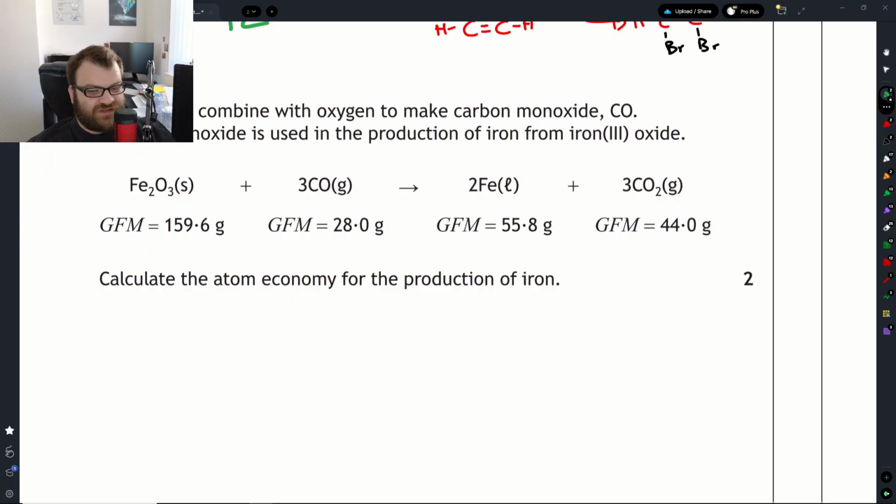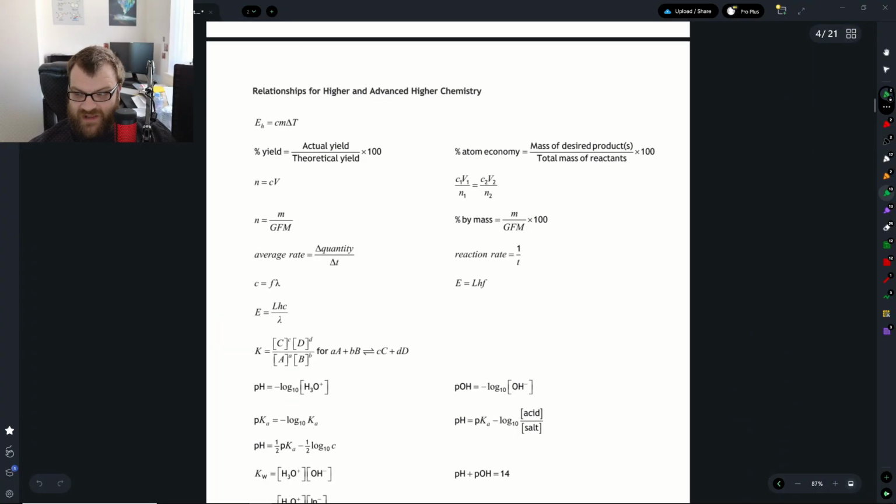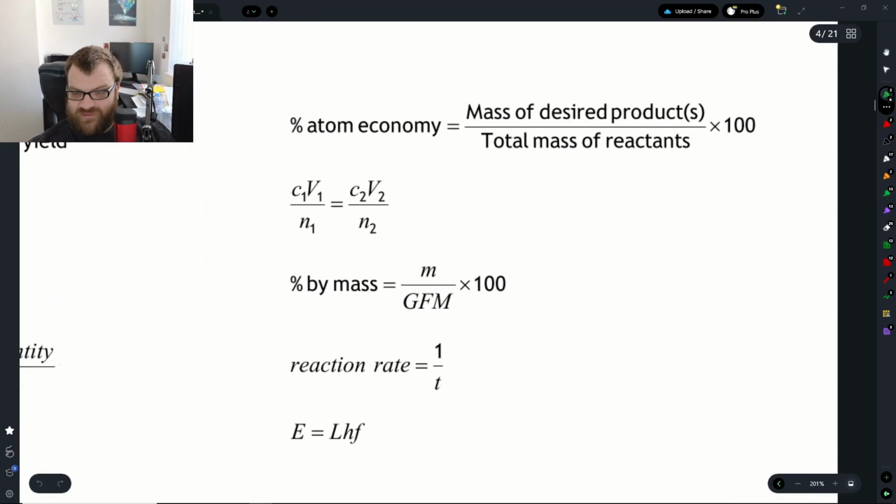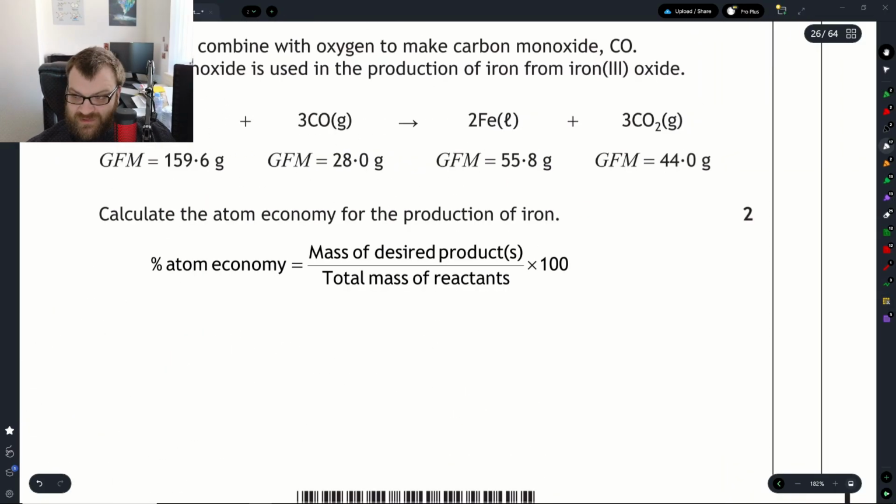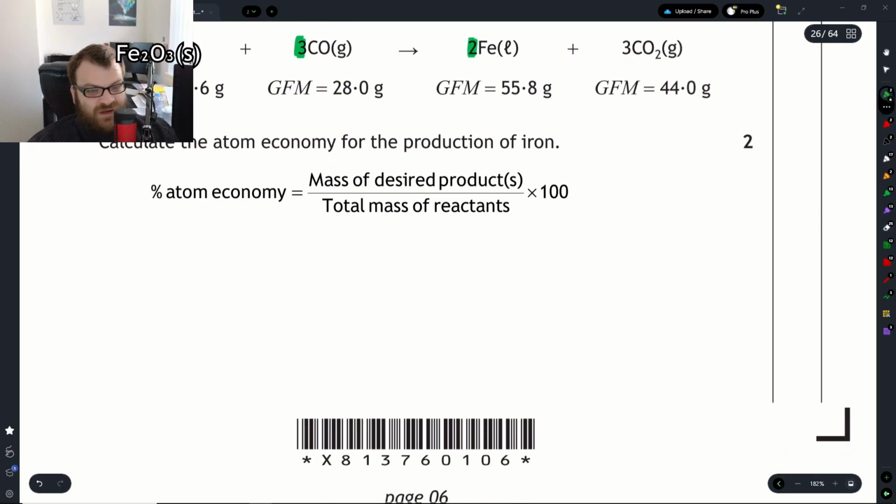Next question wants the atom economy for iron. First, we'd get the relationship from the data booklet here. The key to this question is you have to take into account any balancing numbers that are involved, otherwise you'll end up with the wrong answer. It's iron, which is the Fe. This means that we're going to have to do 2 times 55.8 on top. The reactants are on the left.